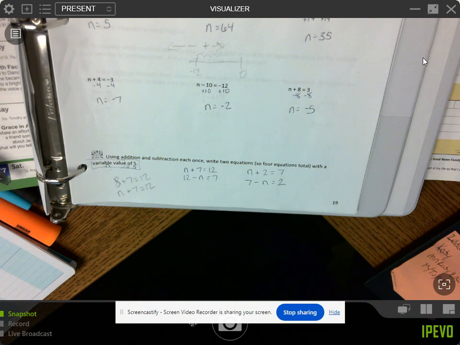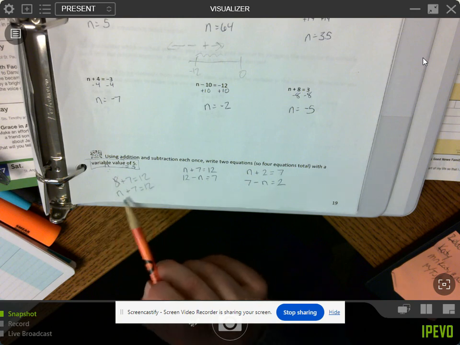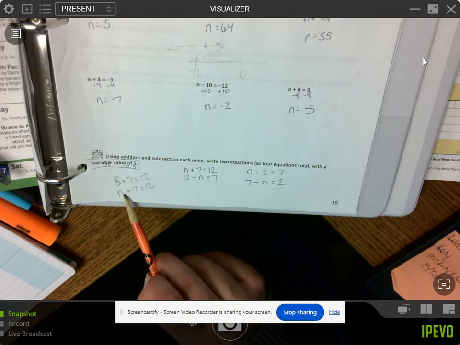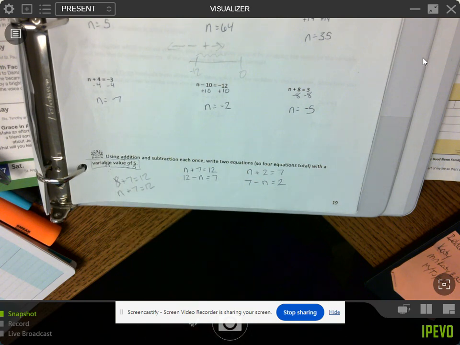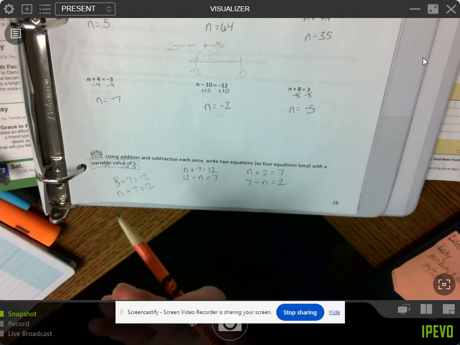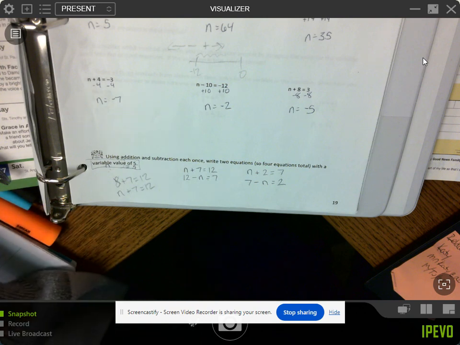The answer to your problem is what, if you work your problem out. Your variable has to equal that 5. So the easiest way to do it is come up with an equation using 5, like 5 plus 7, and then take the 5 out and put the n in. Any questions on that?